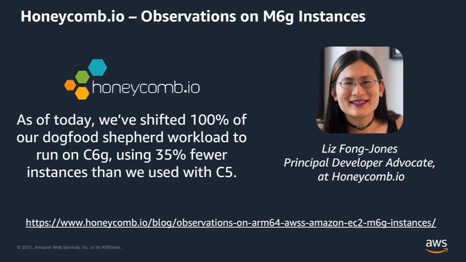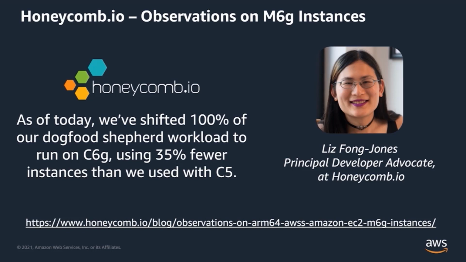At honeycomb.io, they've been consuming Graviton-powered M6g instances, and they've been moving increasingly more workloads to the Graviton instance family. In the case of one particular workload using the C6g instances, they were actually able to reduce their overall instance footprint by 35% while serving the same amount of traffic as compared to the C5 instances.